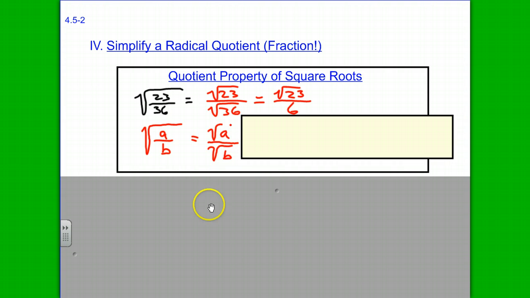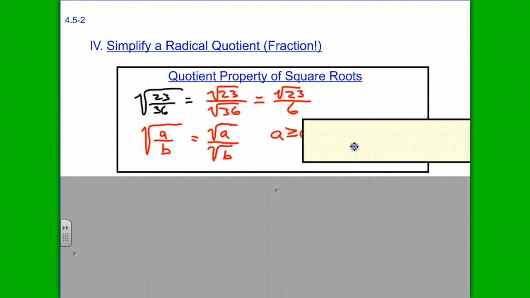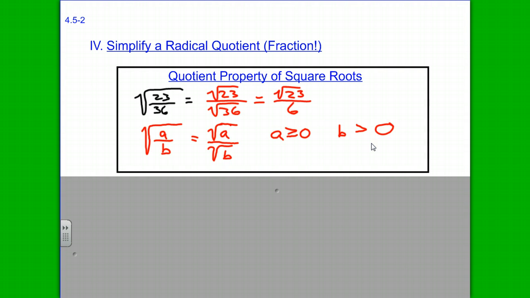That is correct. So this says the square root of a over the square root of b. And as we just said, what number may never be in the denominator? 0. So we would have to say that b may not equal 0 because the square root of 0 is 0. So b has to be greater than 0.